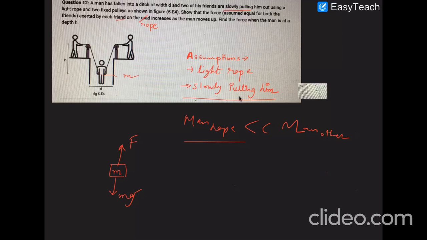Now if you pull with this force and it is moving upward, then the net force on the body, that is F minus mg, will be responsible for the acceleration of the mass. Now what is acceleration? Acceleration is dv/dt.